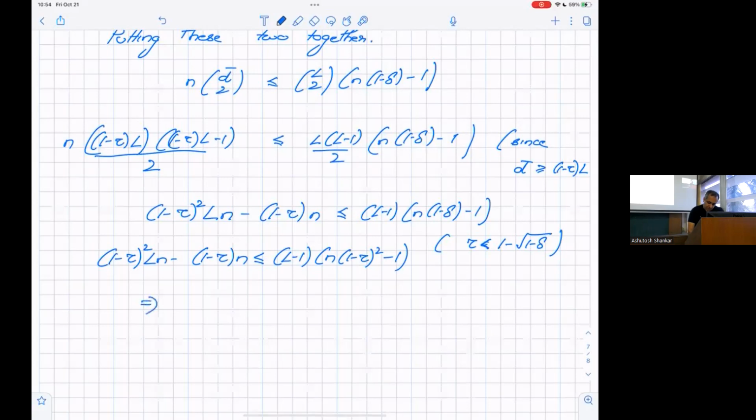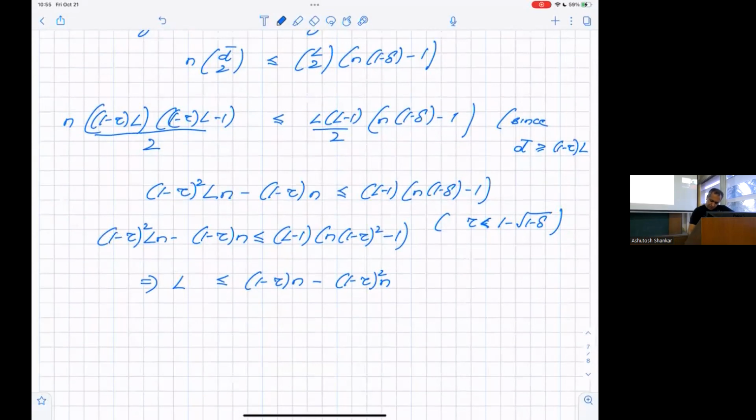That is L. And what are all the other terms that are surviving? There is a 1 minus tau n that goes that side. And I think there's just a 1 minus tau square n. And then there's possibly a plus 1. This is just 1 minus tau. 1 minus 1 minus tau, that is just tau, n plus.